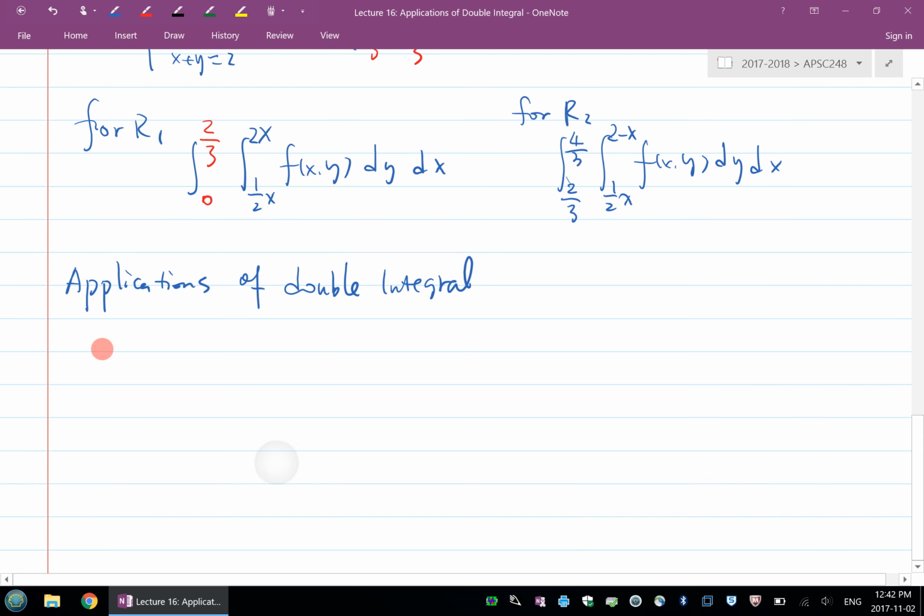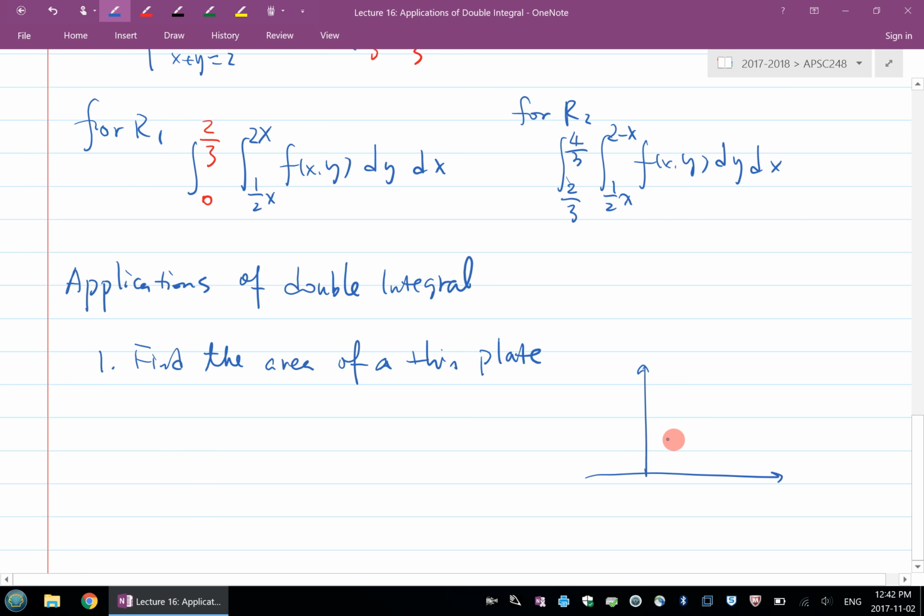The first one is a very easy one. The first one is to find the area of a thin plate. So what does this thin plate mean? Let's say I give you a region R. Essentially, it's a flat region, but I can consider this a plate with a thickness so thin that we can literally assume it's just a flat region.